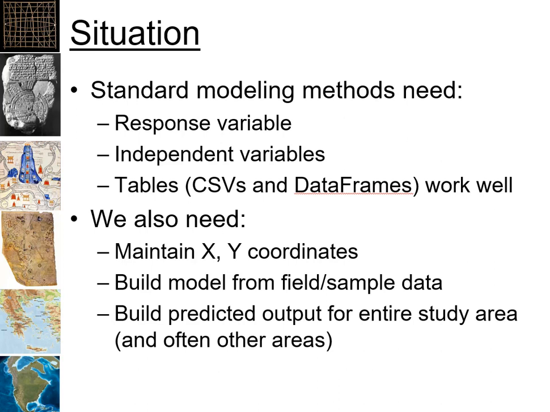All right, so to get into the details of how we really go about doing this, we need to have a response variable, we need to have our independent variables, and for this, tables in comma-separated values and data frames work well. Okay, now we also need to have XY coordinates. We need to build the model from field or sample data, but then predict the output for the entire study area.